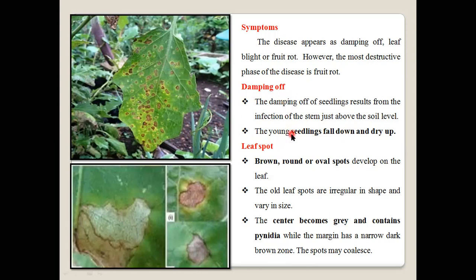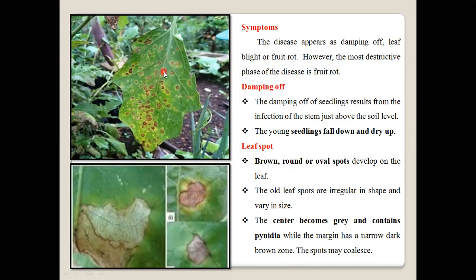These infections can also develop on well growing brinjal plants. The initial infection is seen on the leaf portions. Initially, brown oval to round spots are seen irregularly on the surface of the leaf. Then these small spots grow irregularly and cover the entire surface of the leaf.